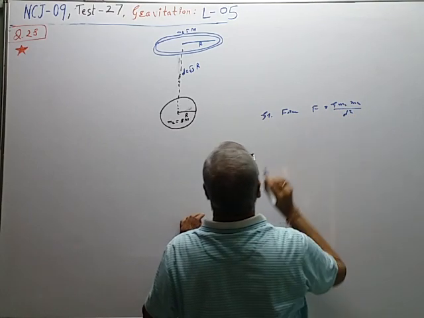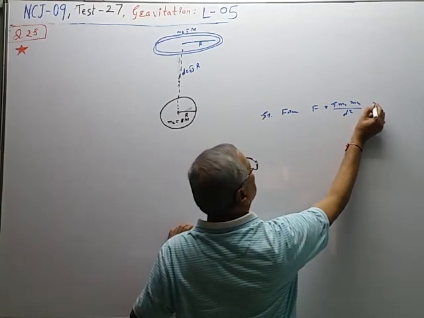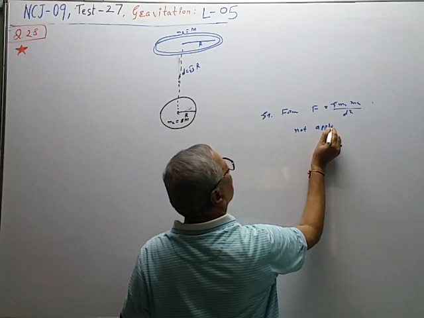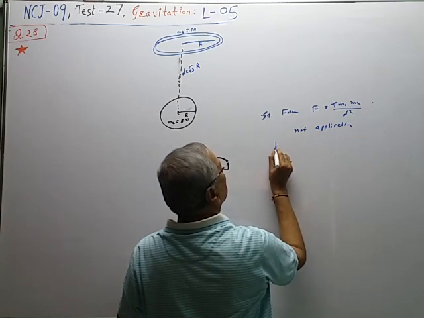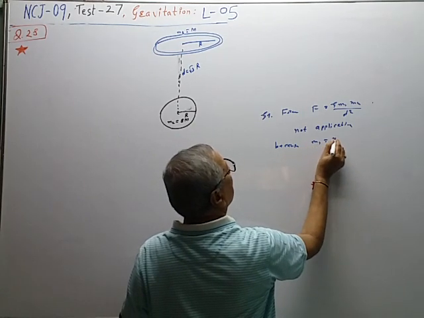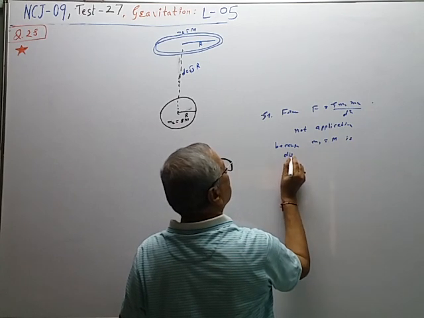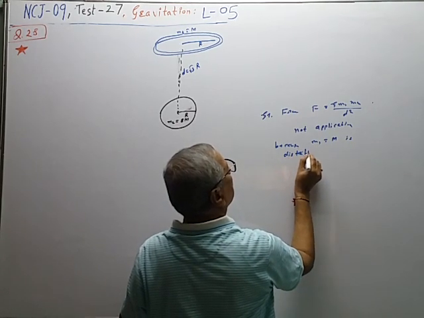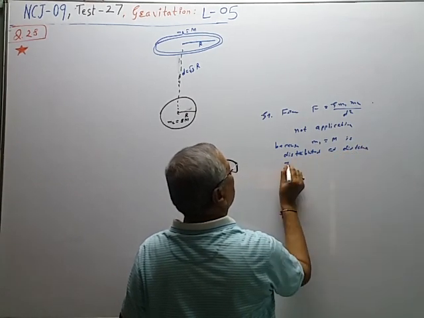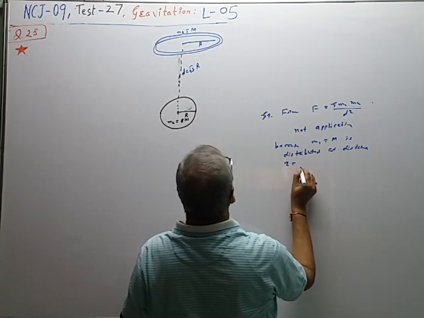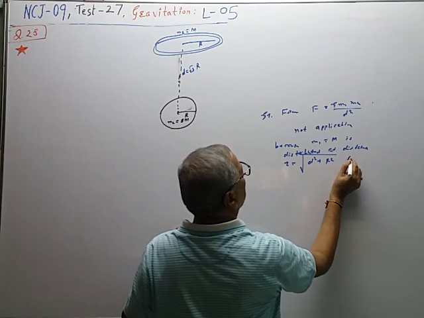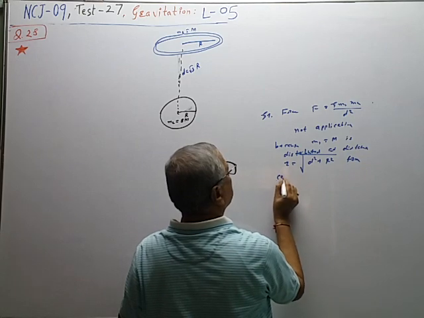So this method is not applicable because M1 is equal to M is distributed at distance R is equal to under root d square plus r square from the center of sphere.